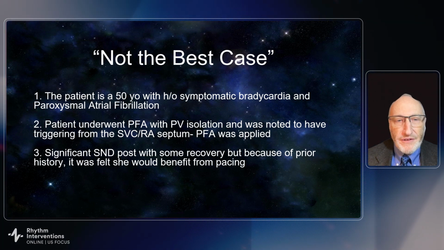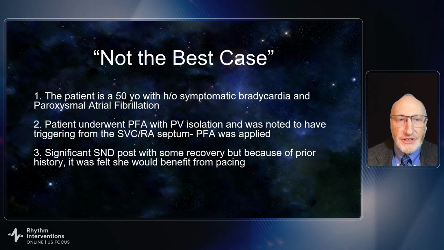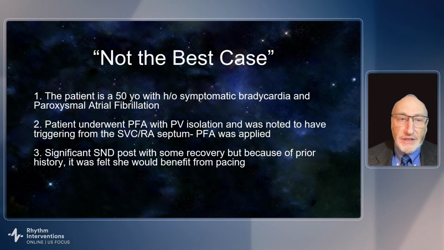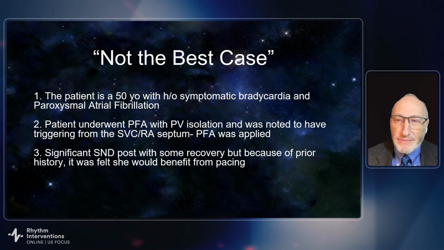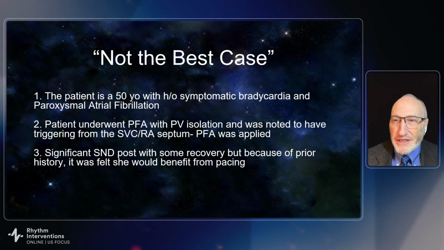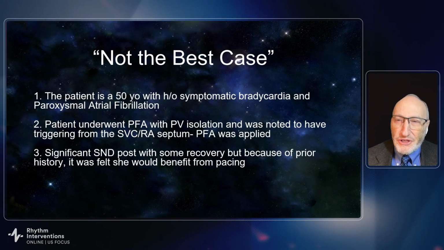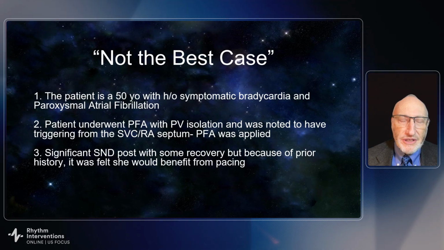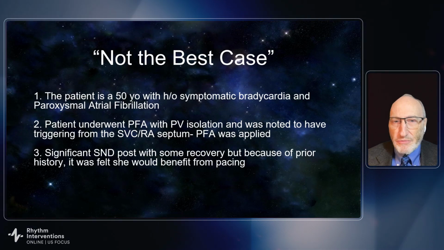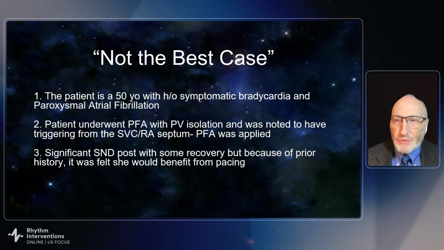The patient underwent PFA with pulmonary vein isolation, but did have some triggering along the SVC-RA septum, and PFA was applied into that place. Post-procedure, as you might expect, there was significant sinus node dysfunction. There was some recovery. However, because of her prior history, it was felt that she would benefit from pacing, and therefore we took her to the lab.